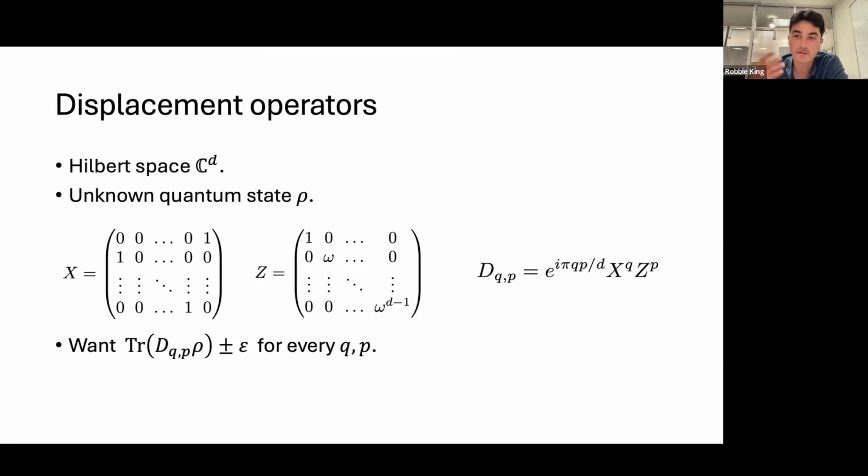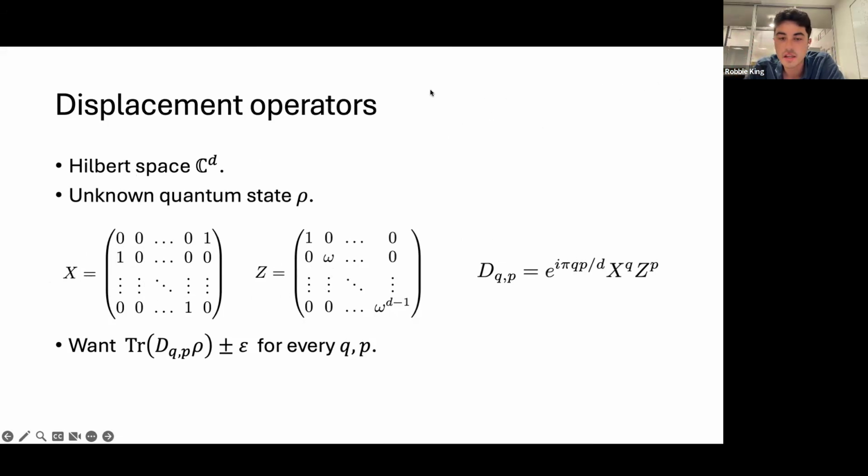So the Paulis form a nice operator basis of the n qubit Hilbert space, but if we have a qudit, as they say, a D-dimensional Hilbert space, a nice basis you can take is given by these clock and shift operators, or alternatively called Heisenberg-Weyl operators. So it generalizes the Pauli basis, and so X is like this shift operator, and Z is this clock operator, where omega is like a D-th root of unity.